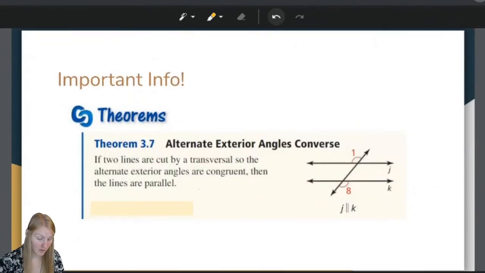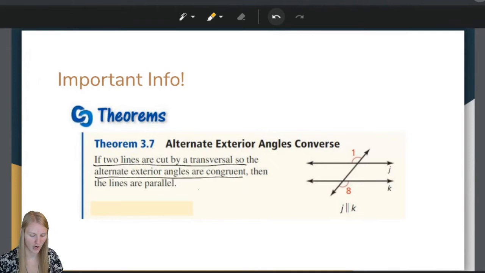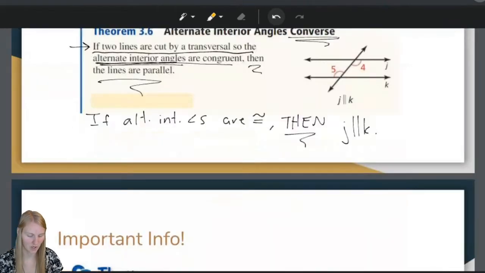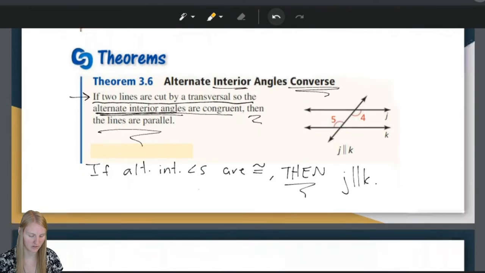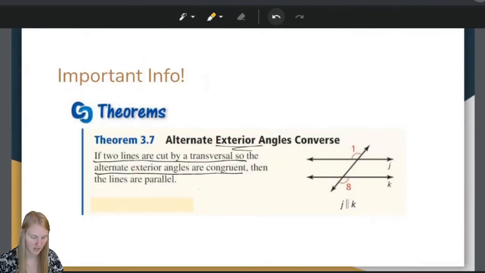Similarly, if two lines are cut by a transversal, so, same thing as last time, but now, so the alternate exterior angles are congruent. Last time we talked about alternate interior angles. This is alternate exterior angles. Then the lines are parallel.